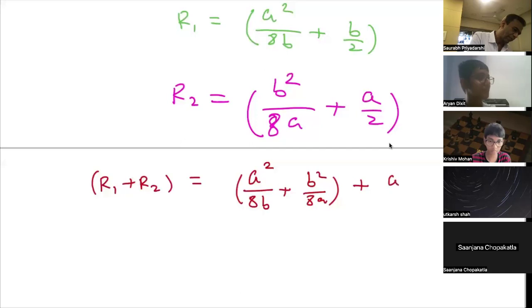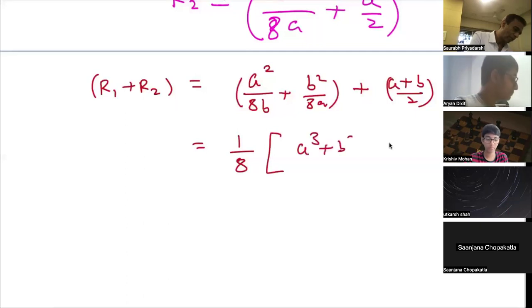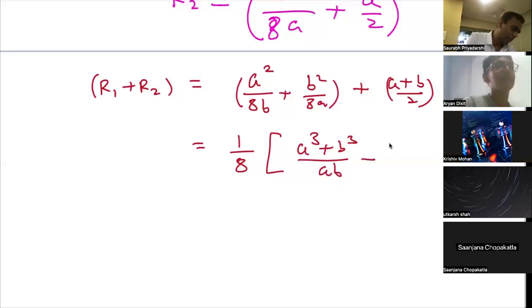So 8 is common out from this, so 1 by 8 common out. This is A cube plus B cube upon AB plus A plus B, 4 times. 4 times A plus B common out. Or it's okay, A plus B by 8 is common out.